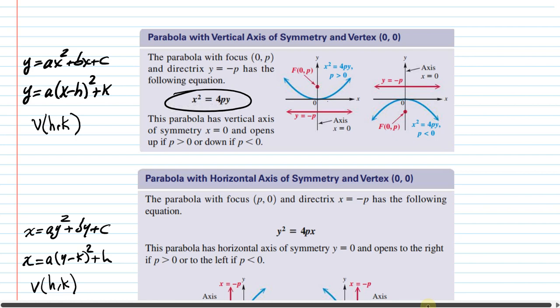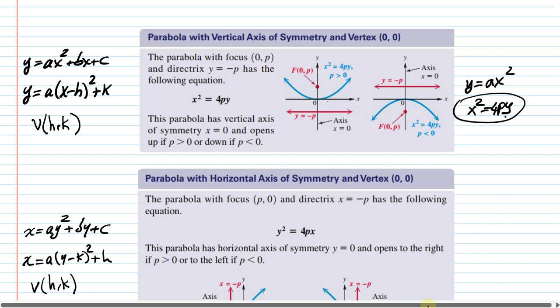Before, we looked at the equation, for instance, for the basic parabola, y equals ax squared, without any shift. Now we have x squared equals 4py. So if you solve for y here in the directrix form, divide both sides by 4p, we get y equals 1 over 4p times x squared, correct? Now look at this and look at this equation.